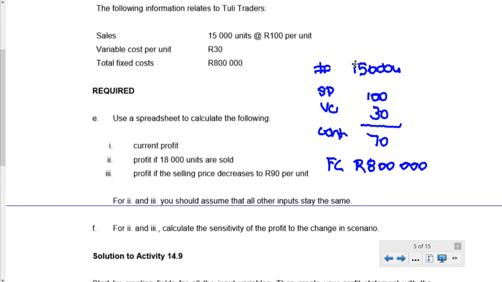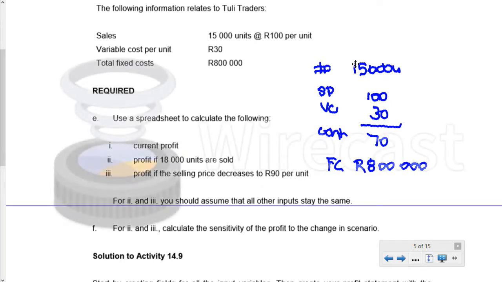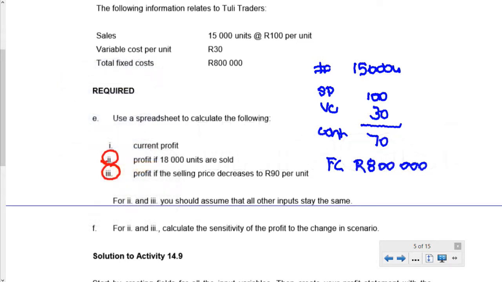It says calculate the current profit. So if they sell 15,000 units, what current profit are they making? Calculate the profit if 18,000 units are sold. Calculate the profit if the selling price decreases to 90 Rand. And then it says for number 2 and number 3, calculate the sensitivity of the profit to change in the scenario.